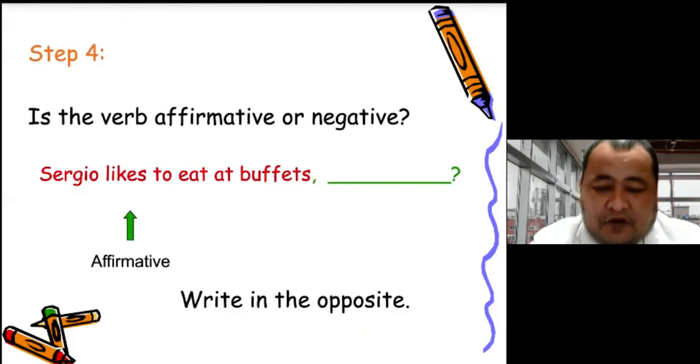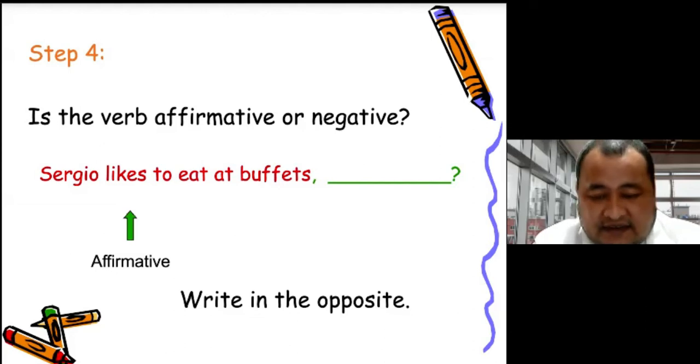And then look at the form. Is the sentence positive or affirmative, or negative? The sentence is positive, affirmative. So the tag question you have to write in the opposite.